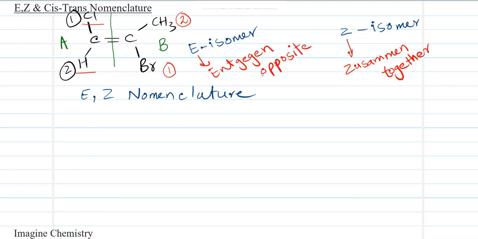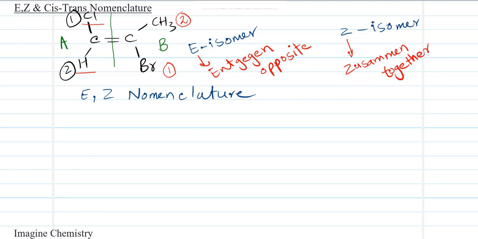Now recall what we were studying 4 to 5 minutes before. For together cases, it is the kind of cis isomer, and for the cases where the substituents are on the opposite side, we call it the trans isomer. So here, where the two top priority groups are on the opposite side, such an isomer is the E isomer, whereas in the cases where the two top priority groups are on the same side, we call it the Z isomer.